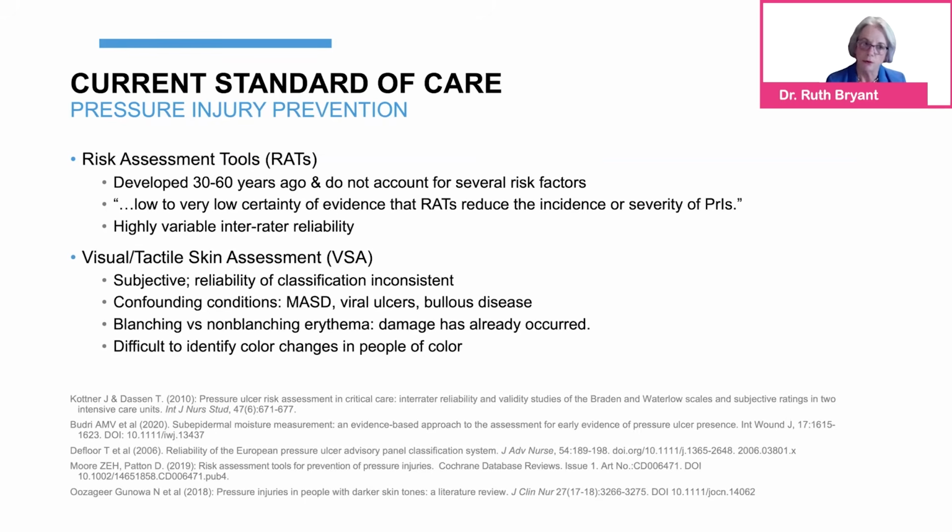And key cornerstones to current standard of care for pressure injury prevention is the use of the risk assessment tools, as we've already described, and the use of visual tactile skin assessments, key components to pressure injury prevention, because we want to identify who's at risk and identify the extent of the condition of the skin as we currently see it. The downside of these strategies is that the risk assessment tools were developed years ago, and they don't account for several risk factors now that we know put our patients at risk, particularly in critical care.